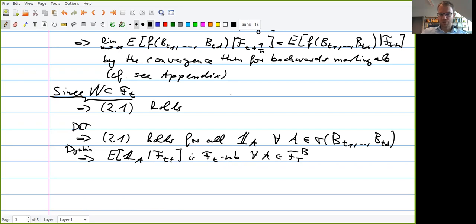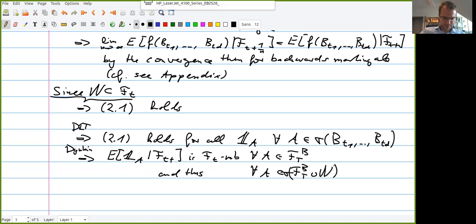And this means also for all A in F_t. You can add the null sets; we will see the argument in the next lemma as well, I spelled it out there.